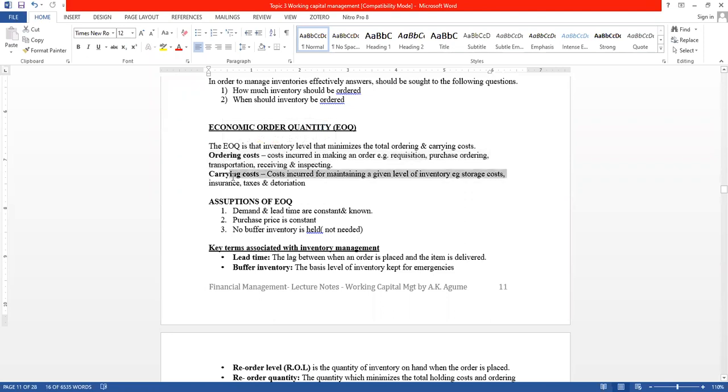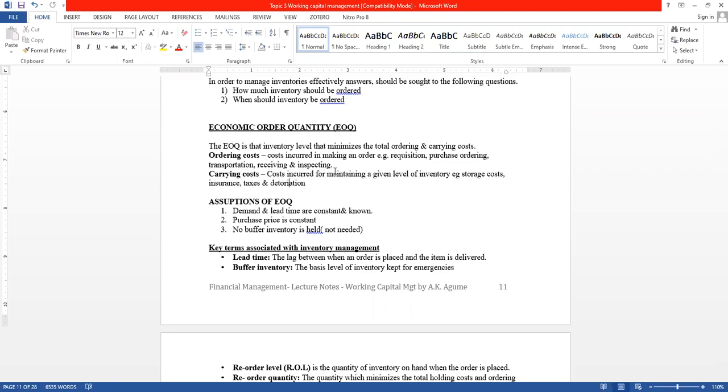Then you have carrying costs. The carrying costs are costs that you incur for maintaining a given level of inventory. The inventory is already with you now, so you have to maintain it. You have to ensure that it is put in a good storage place. Otherwise, if the storage area is not good, the inventory might be destroyed, especially for perishables.